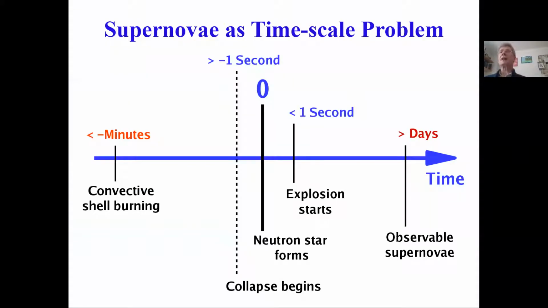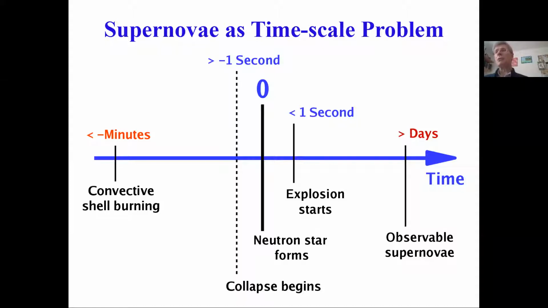This poses a timescale problem for us because we need, on the one hand, to go backwards in time from the onset of collapse, which is marked here by a vertical dashed line. We have to go backwards by at least several minutes or even hours in order to follow the latest stages of the convective shell burning to create the initial conditions in 3 dimensions.